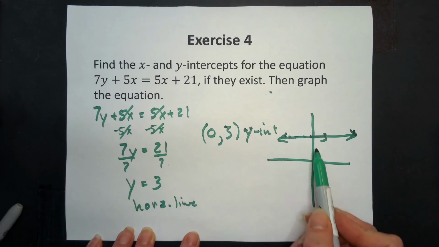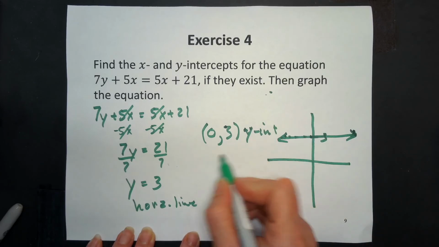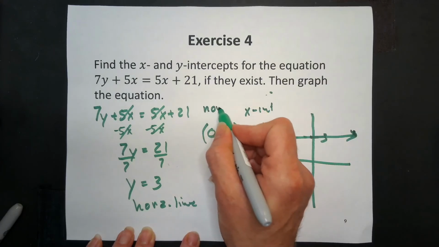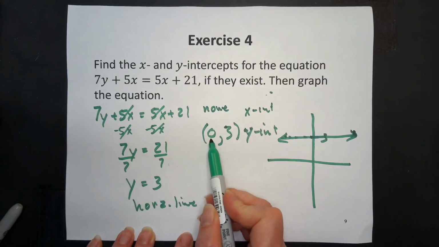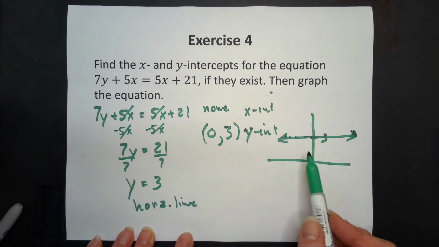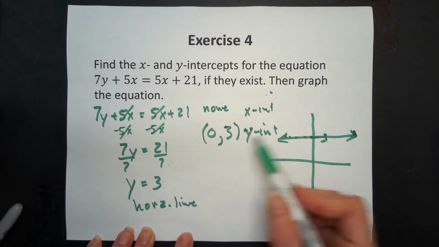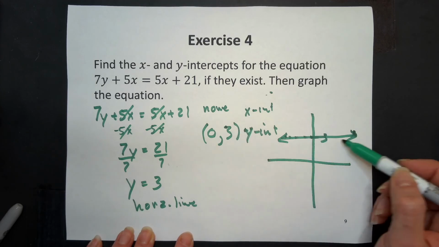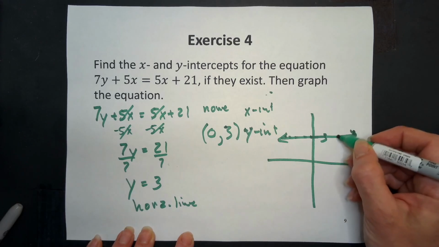I'm never going to hit the x-axis here, so the x-intercept is going to be none. There's no way I'm going to be able to get the y coordinate to be 0 because all my y coordinates have to be 3.